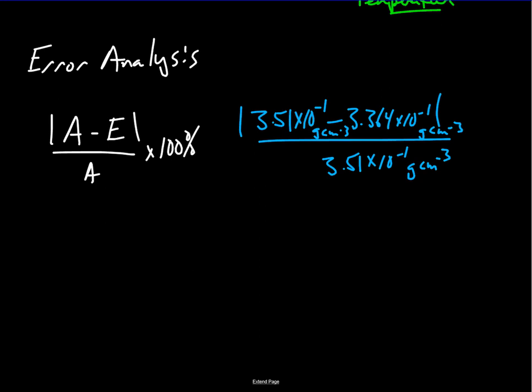Actually, you don't even need to deal with units, because you're just doing an error analysis, so don't worry about units. They'll cancel out anyway, because percent error is unitless, right? All right, so let's figure it out. Okay, so I get about 4.1%.